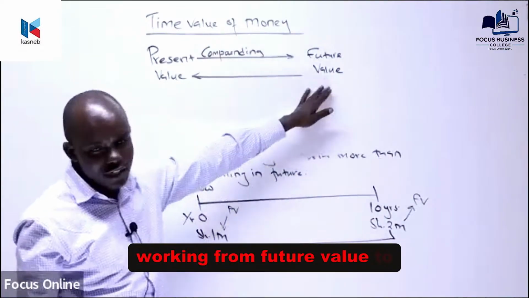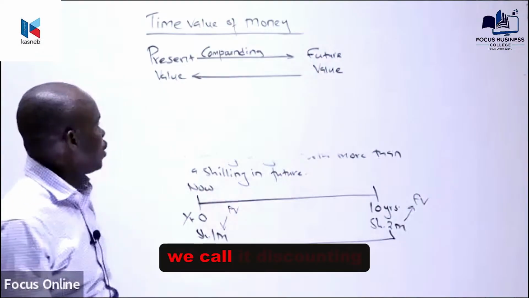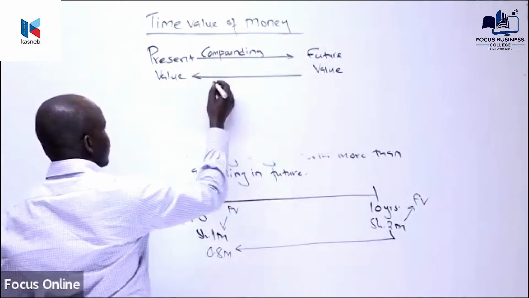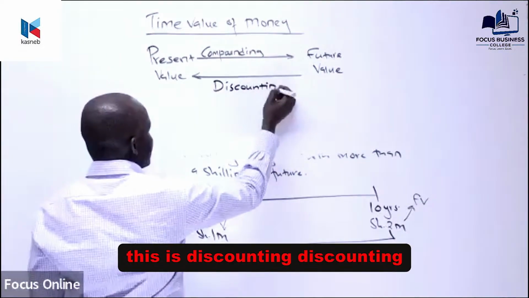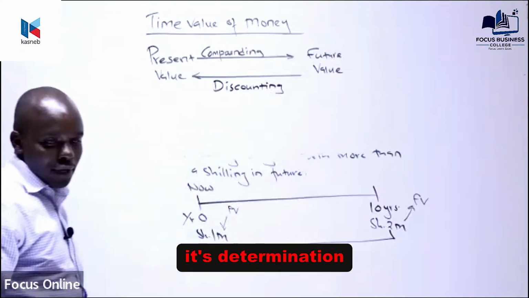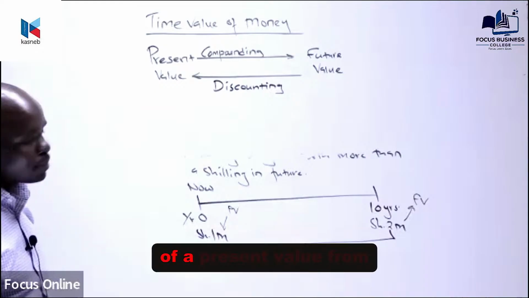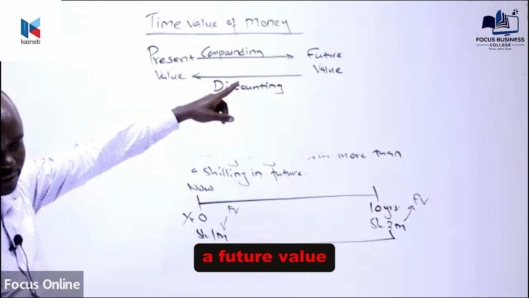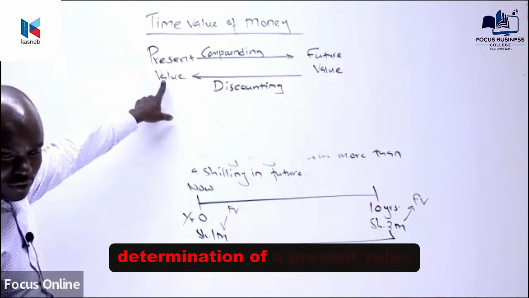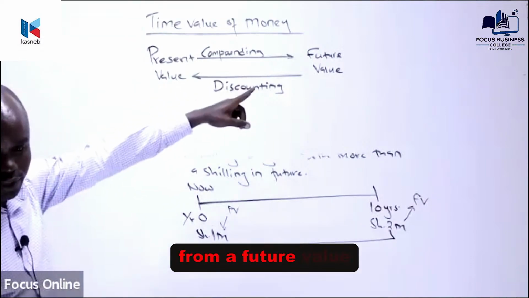Working from future value to present value, we call it discounting. Discounting is determination of a present value from a future value.